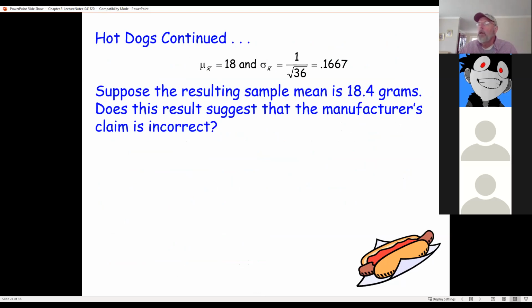So what would we do? Does this result suggest that the manufacturer's claim is incorrect? We want a probability that is greater than what we saw with the sampling distribution. Here is the mean of the sampling distribution.